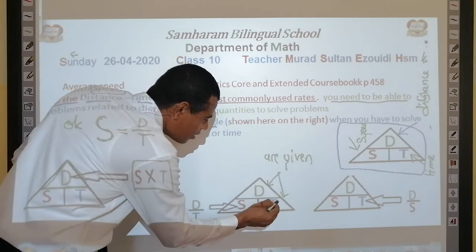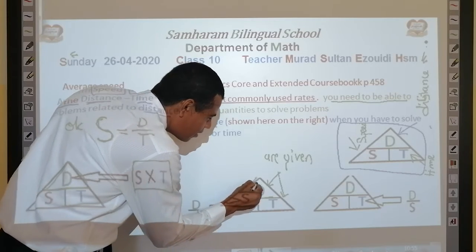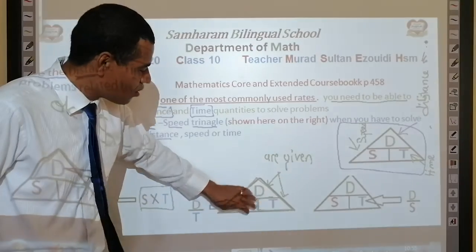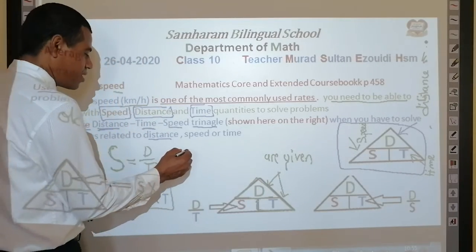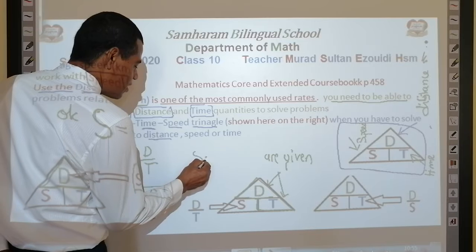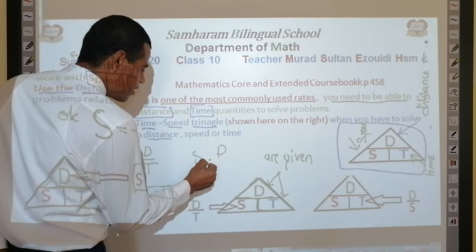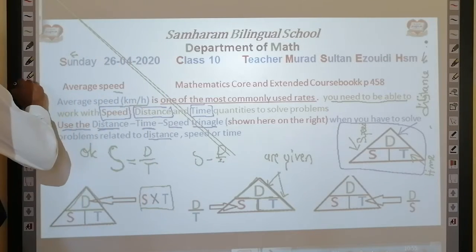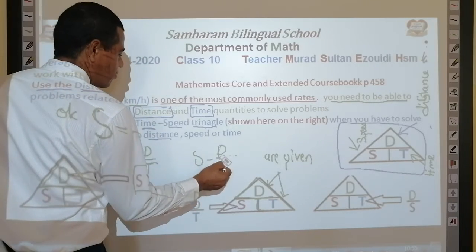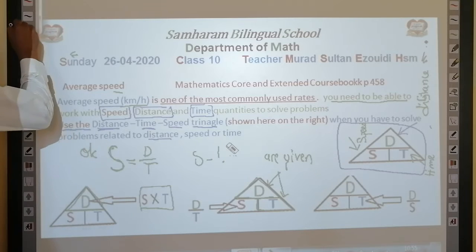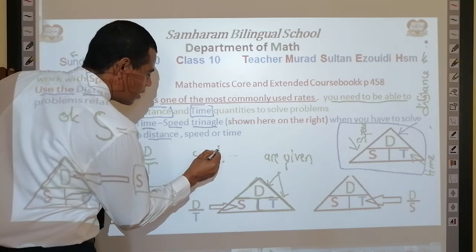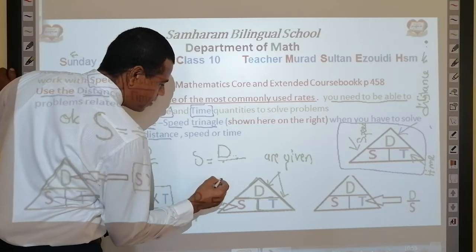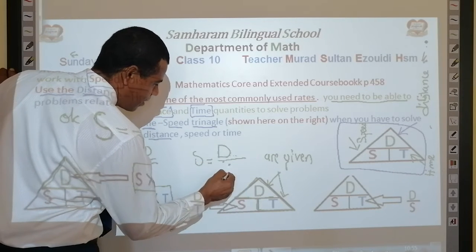S equals D divided by the time. I'll just write here, S equals distance divided by time.